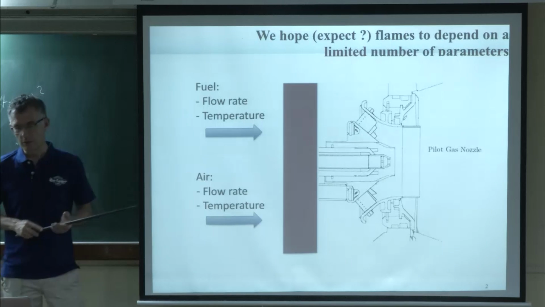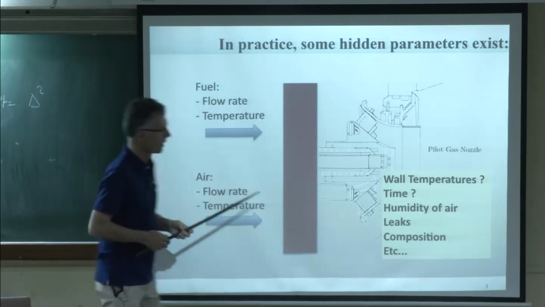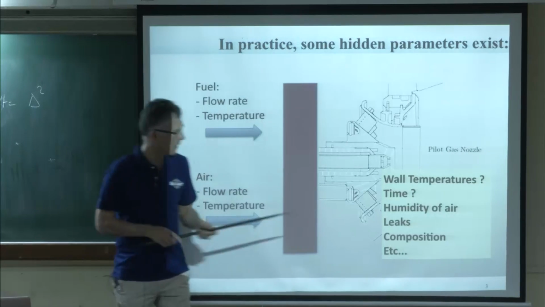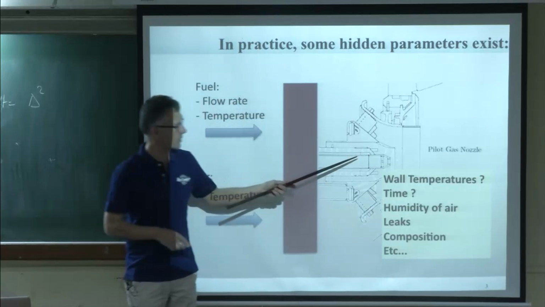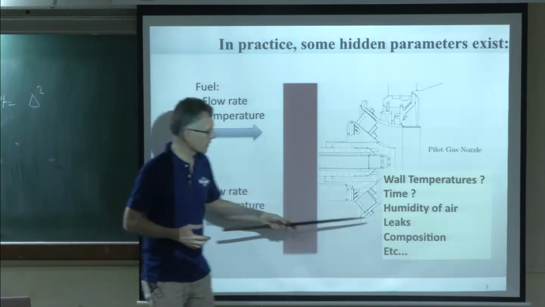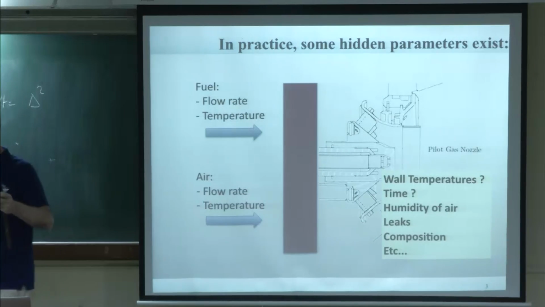We know that in practice it's difficult to do in an experiment because the atmospheric pressure will change the density. The temperature of the chamber will go up or down, which is an additional parameter. You can have leaks. The composition of the gas might be different if it's not the same day.